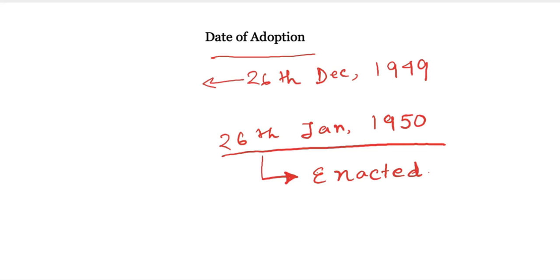On the date of adoption, a few articles, which we will discuss in later videos, came into power. 26 January 1950 is the date of enactment of the Constitution, when the full Constitution came into power.